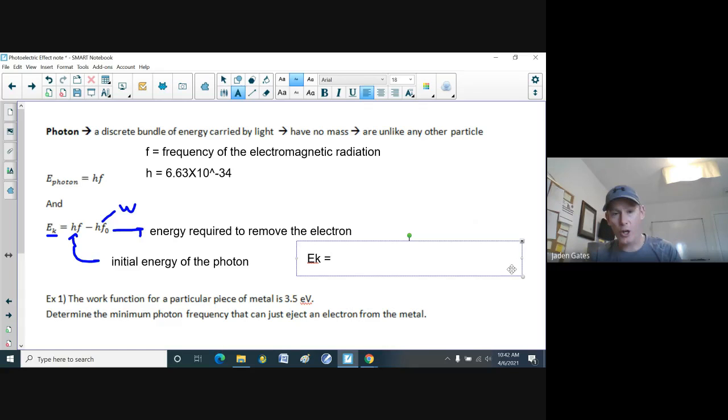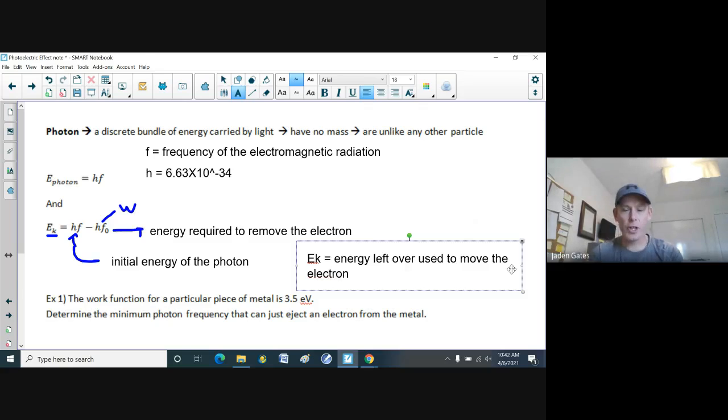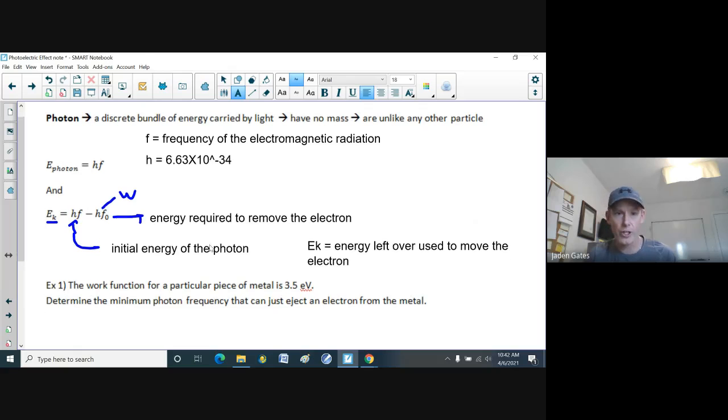Then the leftover energy goes into moving the electron. So we have the energy that we started with minus the energy it takes to remove the electron, and whatever's left over is now kinetic energy.